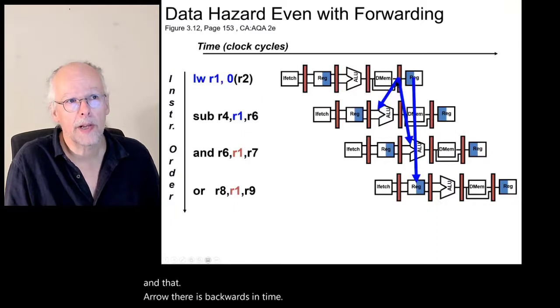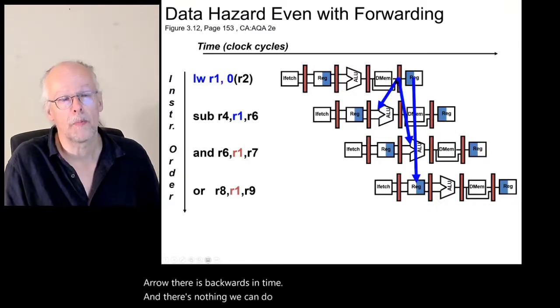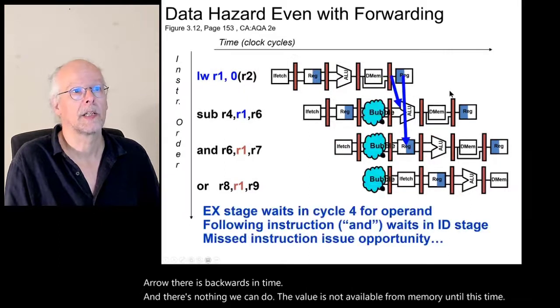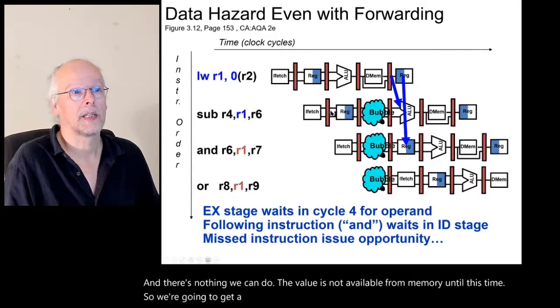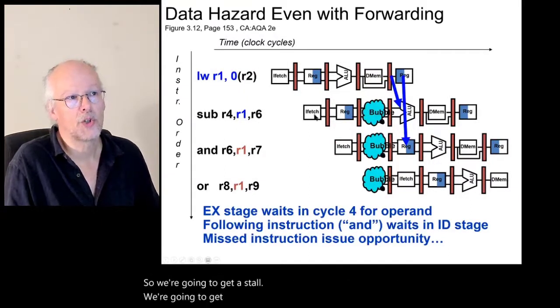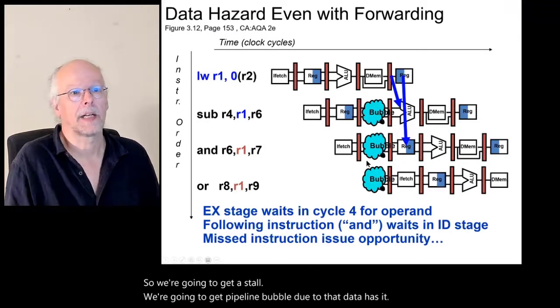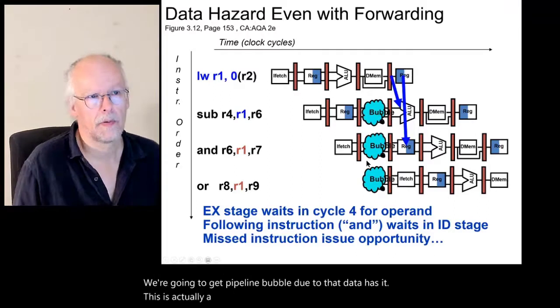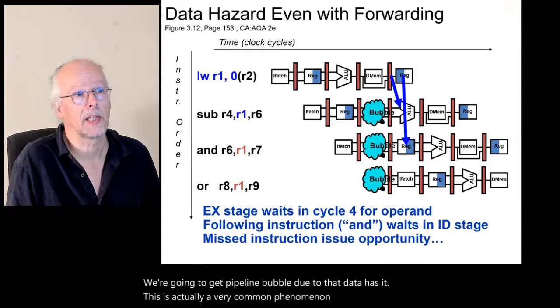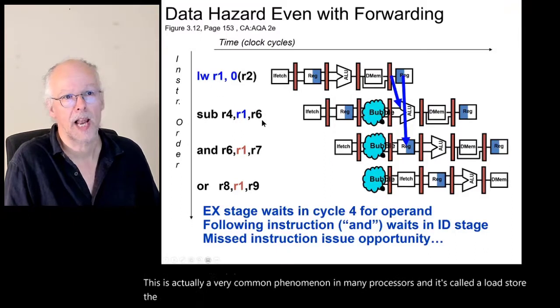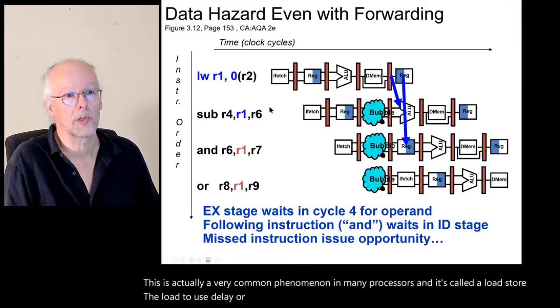And there's nothing we can do. The value is not available from memory until this time. So we're going to get a stall. We're going to get a pipeline bubble due to that data hazard. This is actually a very common phenomenon in many processors, and it's called a load to use delay, or a load to use stall.